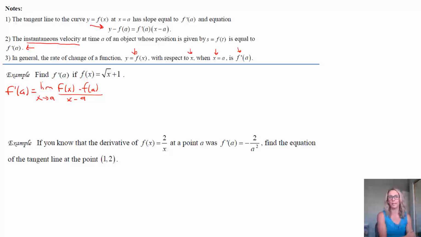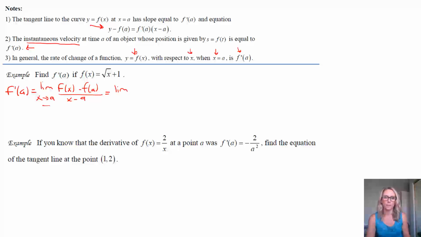As we do this, we are going to keep our x's and our a's. That's a key thing to see, because we're not given a certain point here. We're not given x equals 1, x equals 5, whatever. We're just told find f prime of a. So that means our ending values will have a's in them once we take that limit.